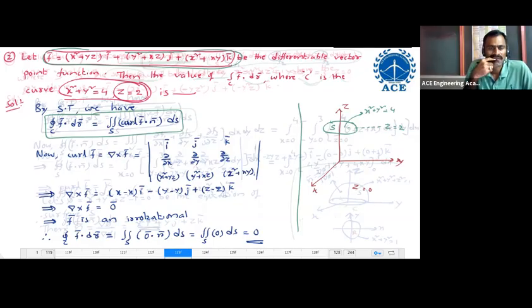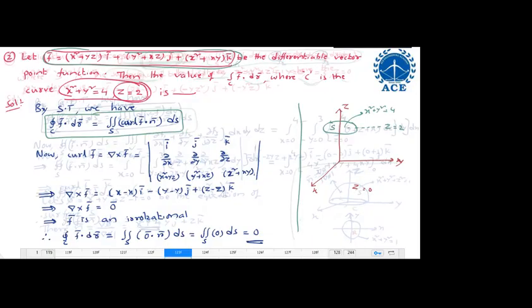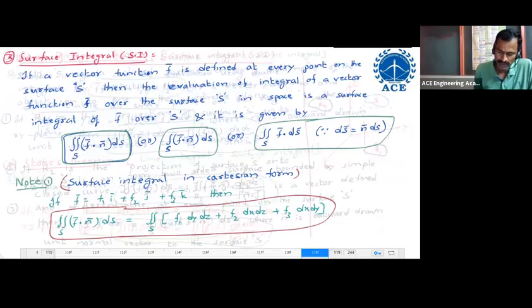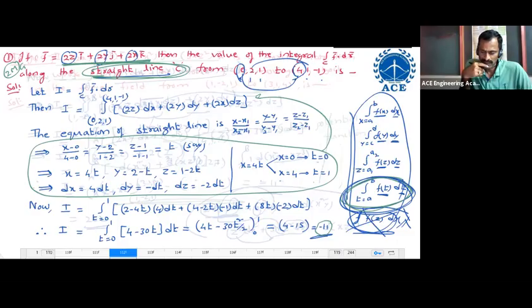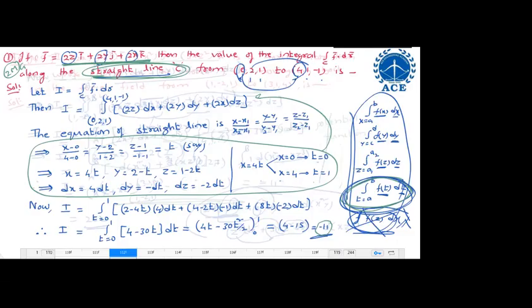So, page number 112. Here, in almost the last step, I is equal to the integral from t equal to 0 to 1. How did we get 2 minus 4t dt? At that step I could not understand, sir.